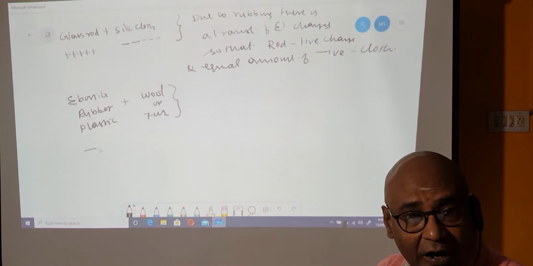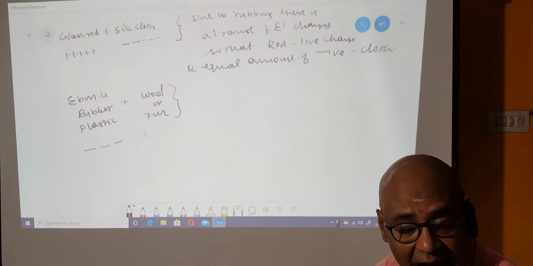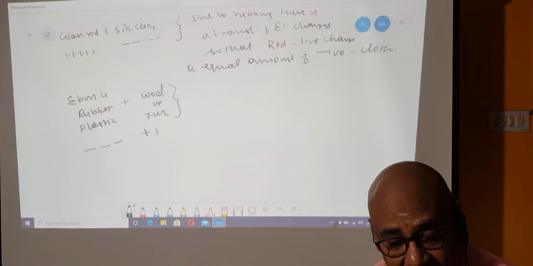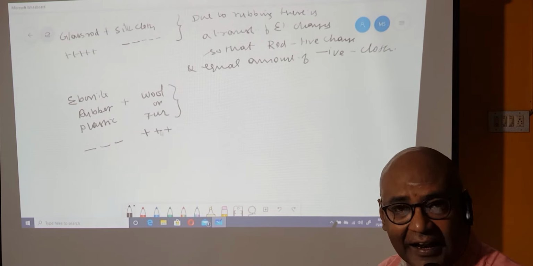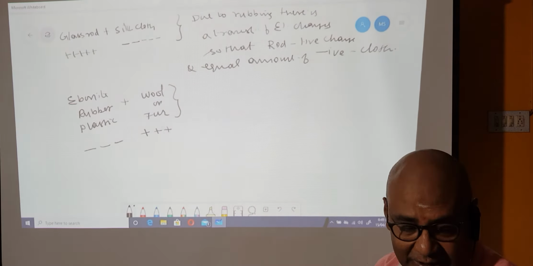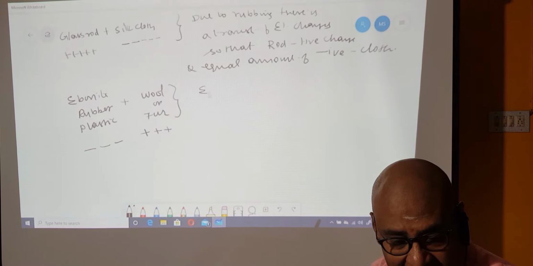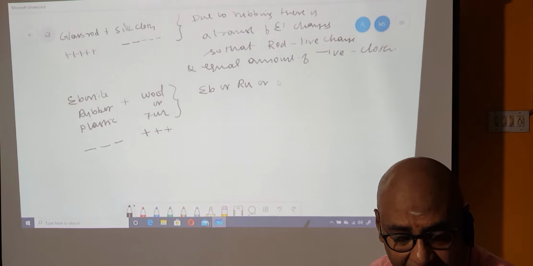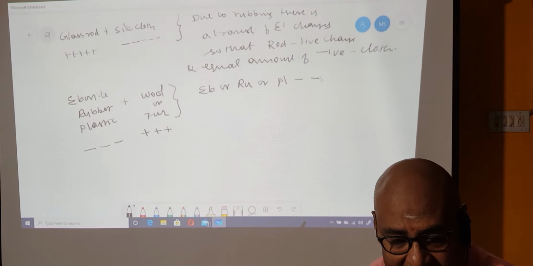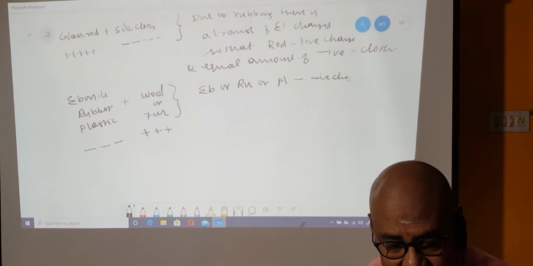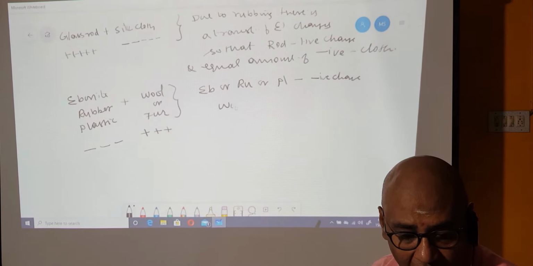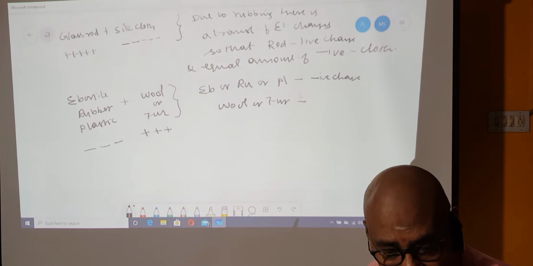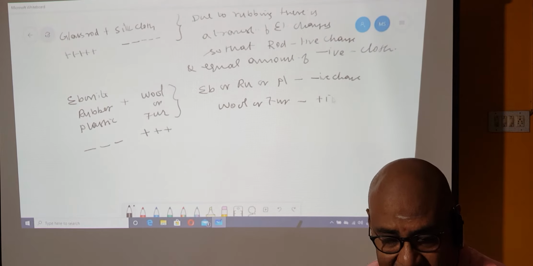The ebonite rod acquires negative charges and an equal amount of the wool or fur, that is the flannel or the cloth, acquires positive charges. In this case, the ebonite rod or rubber rod or the plastic rod acquires what? Negative charge, and wool or fur acquires what? Wool or fur acquires positive charge.